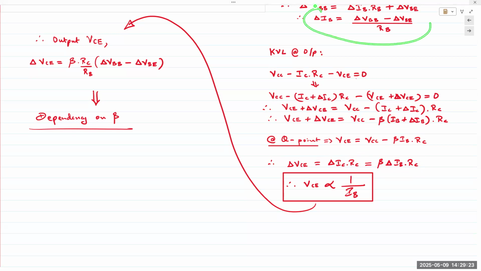Delta IB from here can be plugged into this equation. And when we do that, we obtain this equation right here. Delta VCE is beta times RC over RB times delta VBE minus delta VBE. Okay.